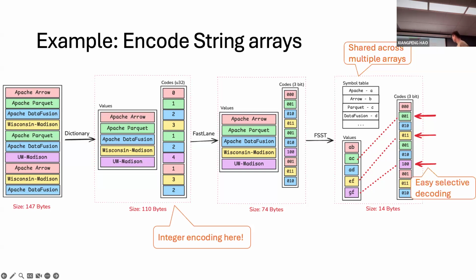And if we want to only decode those three elements, then we can easily get to those values without decoding the entire array. And then we go to the values, basically the dictionary values, and then we can decode only those values without decoding the entire array. So we can have selective decoding, which is pretty cool.